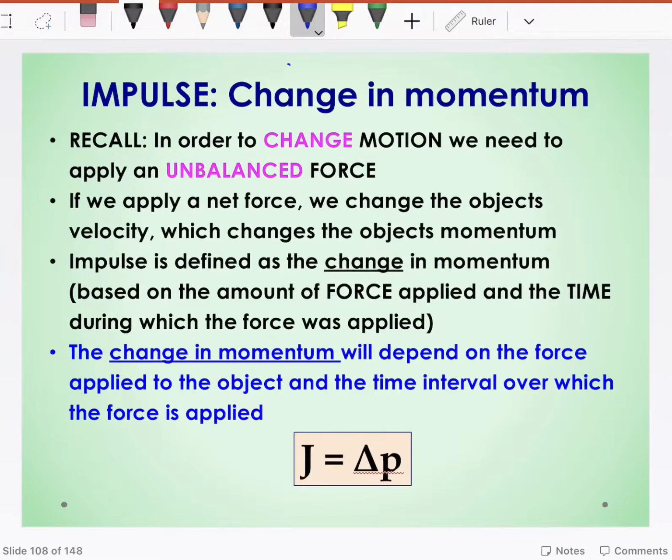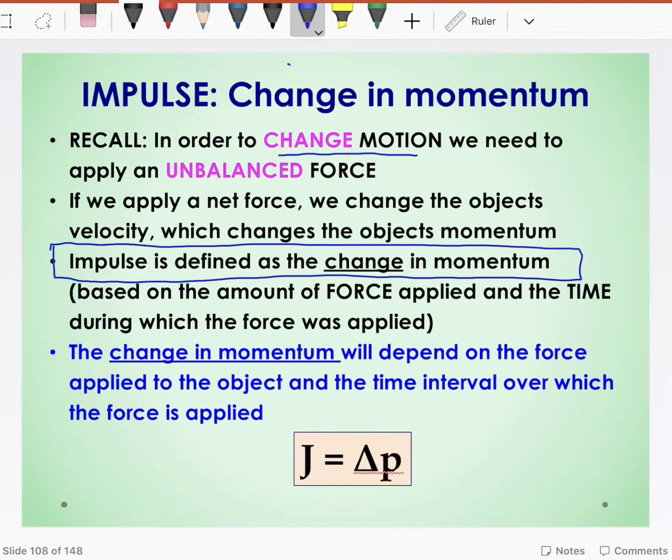Now, how does that relate to impulse? Impulse is defined as the change in momentum. It's essentially a measure of how much the force applied to an object changes the momentum of the object. Okay, so let's put this all together. We know when we learned about force that in order to change the motion of an object, we need to apply an unbalanced force.